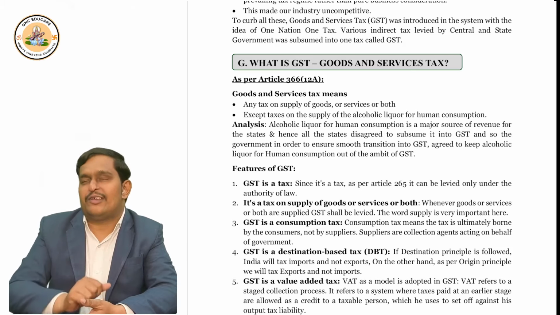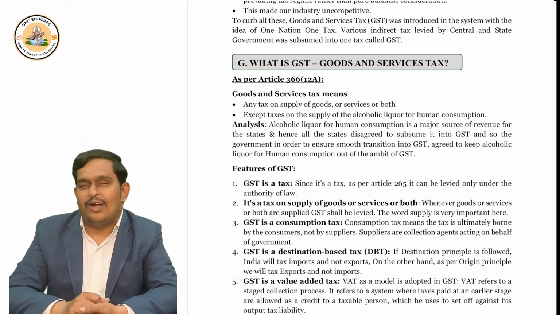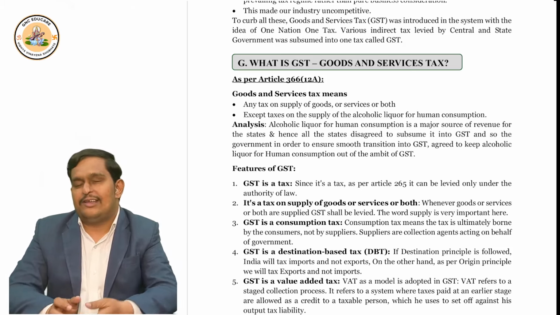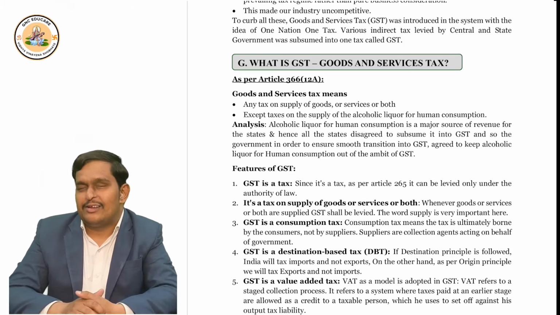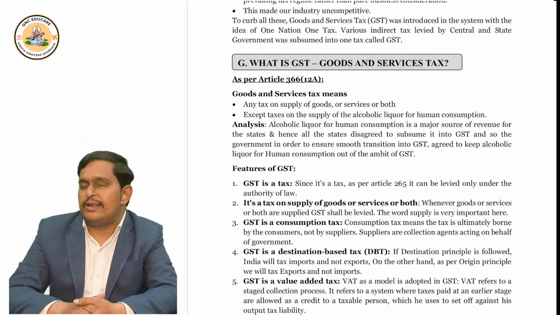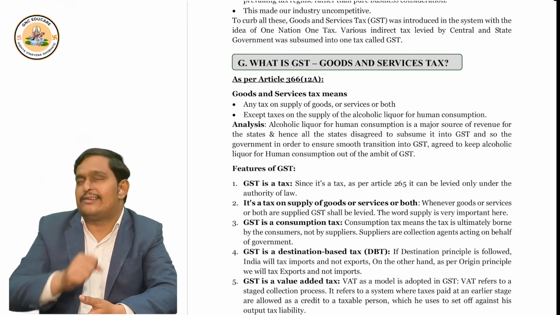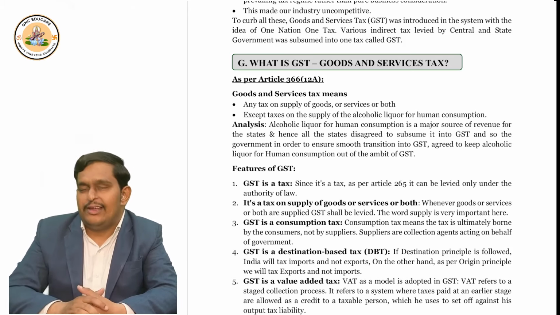State governments were not ready. Already you are getting a huge amount of taxes. Why will any state government agree? They don't want to lose out on liquor revenue, liquor tax. State government is not at all interested in leaving it. They want to keep it in their custody only. So that's why the definition is written like this.